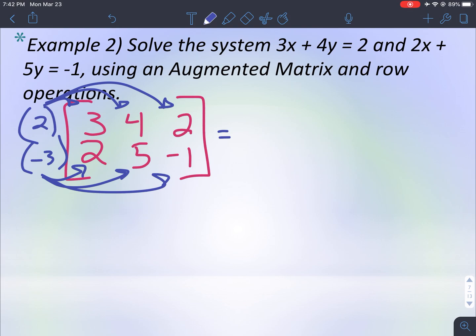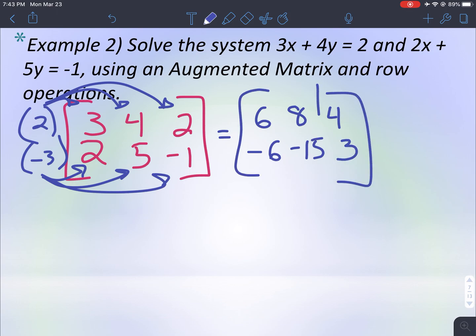That would give me another matrix with entries 6, 8, 4, negative 6, negative 15, 3. You can put your extra line there to differentiate the equals side, but you don't have to.